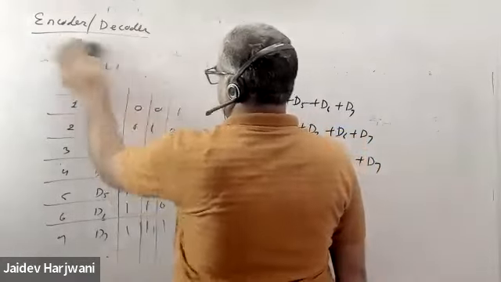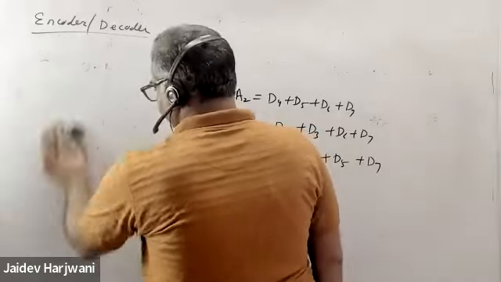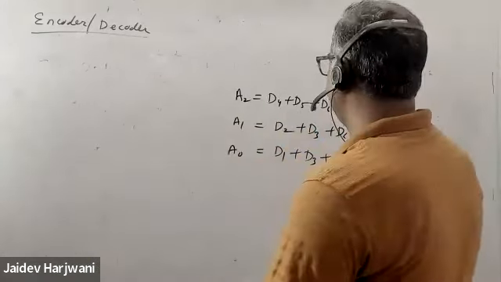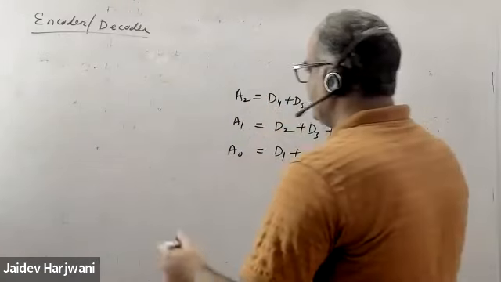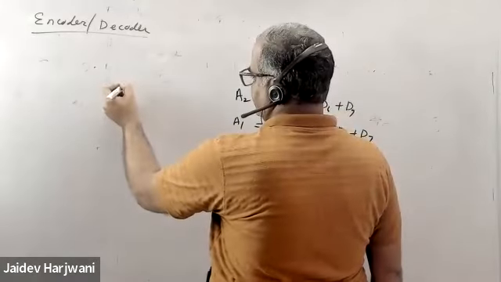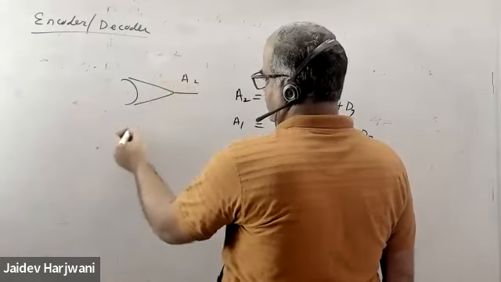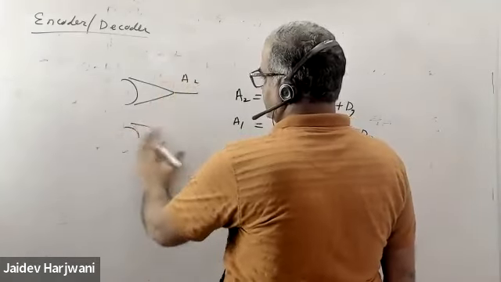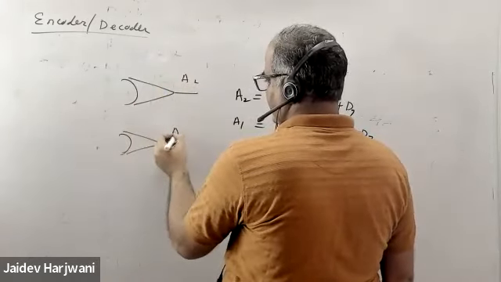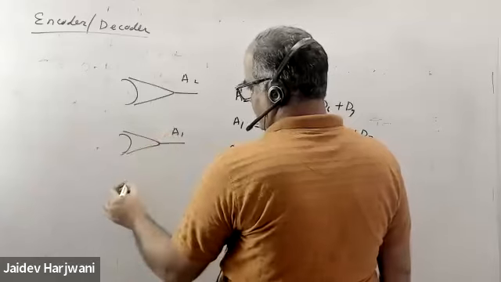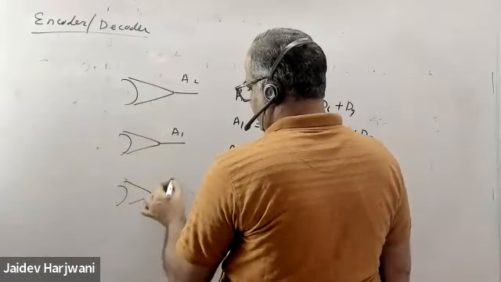I need 3 OR gates, one for each output. This will give me A2, this will give me A1, and this will give me A0.